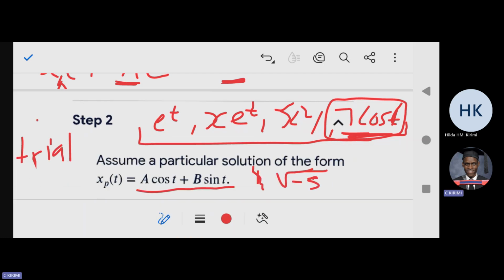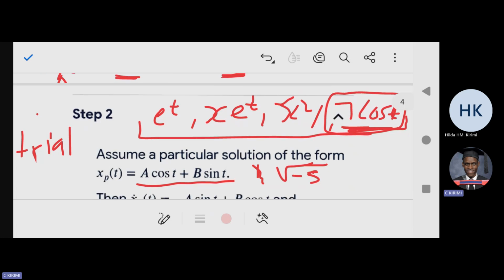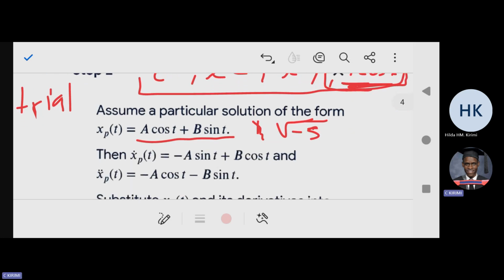So you differentiate with respect to time once, for the particular solution. When you differentiate cos, you get a negative sine. Differentiate sine, you get a positive cos here.